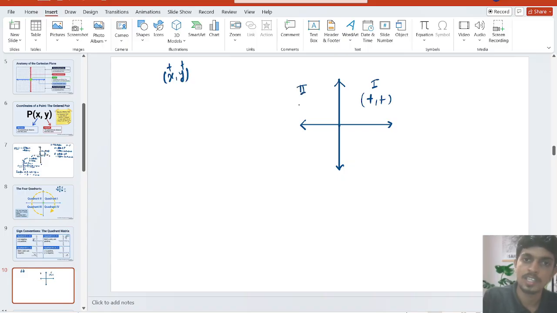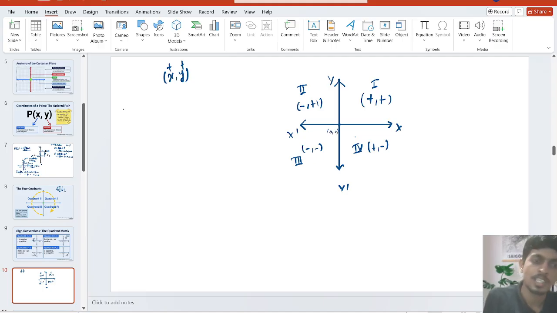In the second quadrant, x is negative and y is positive. In the third quadrant, both are negative. In the fourth quadrant, x is positive and y is negative, because here the y coordinate is negative, okay. This is the x-axis, this is the y-axis, and this is the origin, okay.